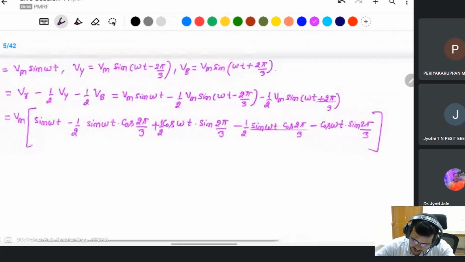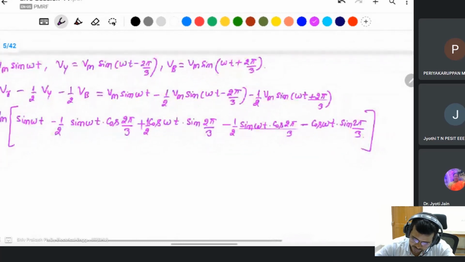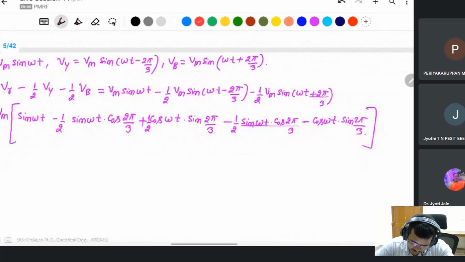Take what cancels here. This is half cos omega t into sin 2 pi by 3. This is the half also here. I forgot this one, sorry. This is plus half cos omega t sin 2 pi by 3 minus half cos omega t sin 2 pi by 3, which will be cancelled out.